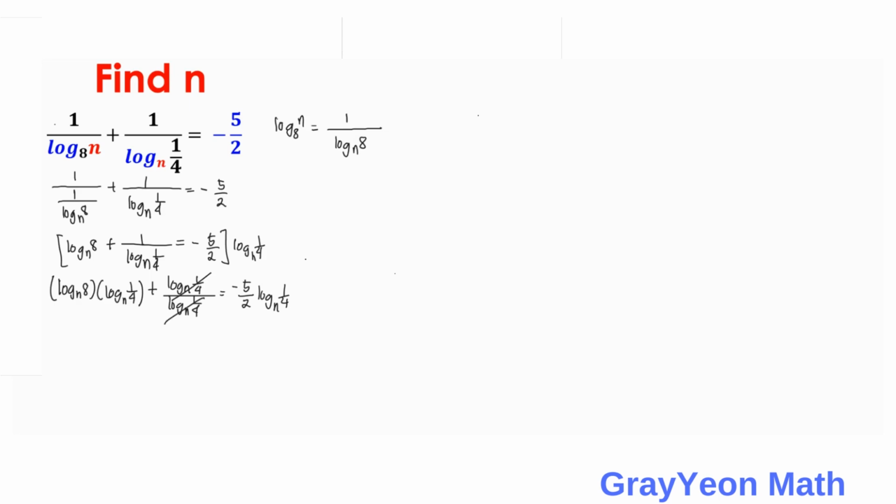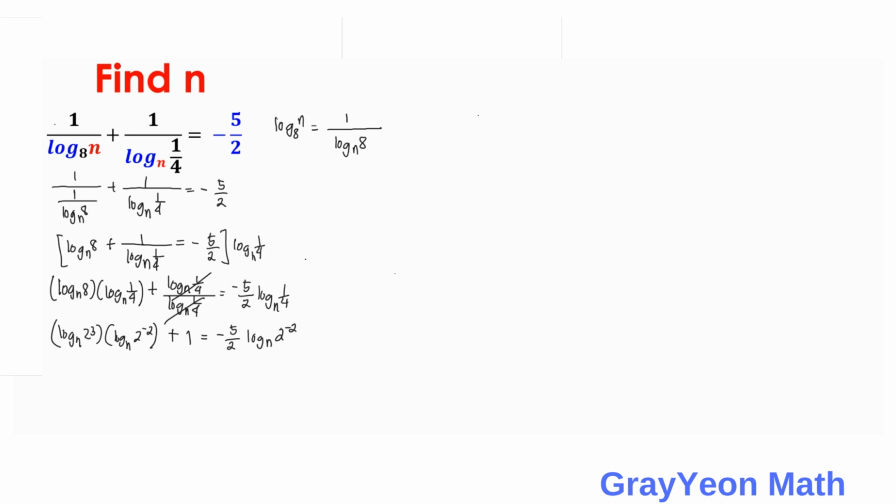Next, we write the logarithm of 8 to the base n as the logarithm of 2 cubed to the base n. And the logarithm of 1/4 becomes the logarithm of 2 raised to negative 2 to the base n, plus 1, equal to negative 5 halves times the logarithm of 2 raised to negative 2 to the base n.